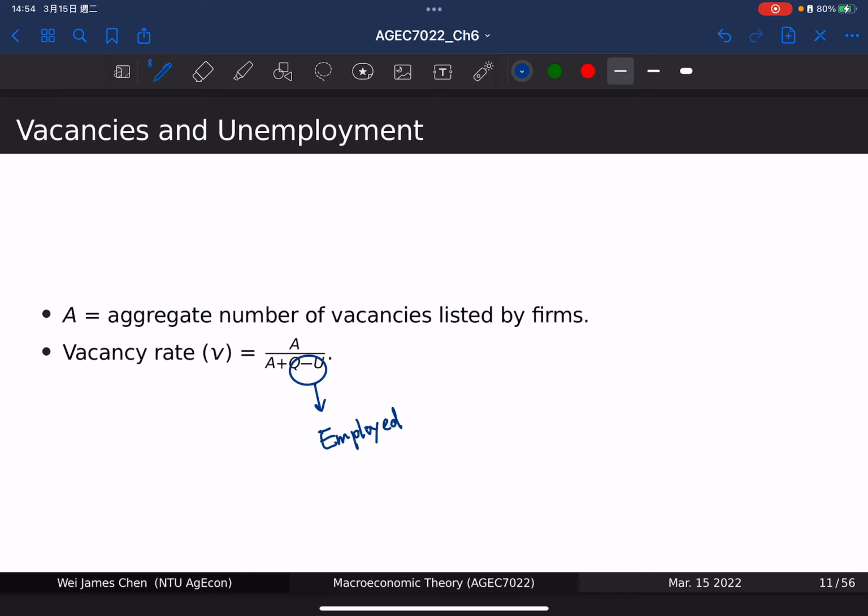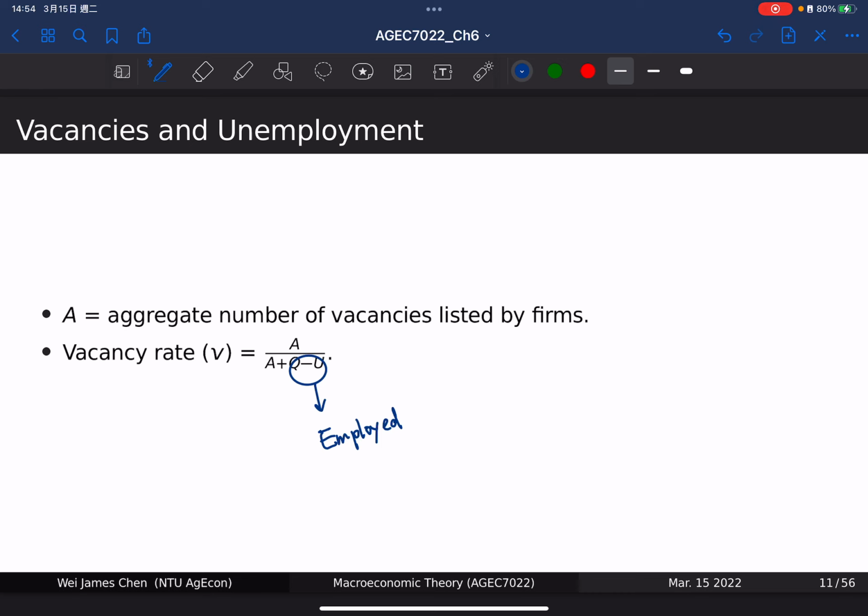You can think of it as there's a company, suppose it has a total number of jobs of 10. And it has already employed 7 people. That's the employed, 7. And there are 3 jobs that haven't been filled. That's the aggregate number of vacancies. That's for one firm.